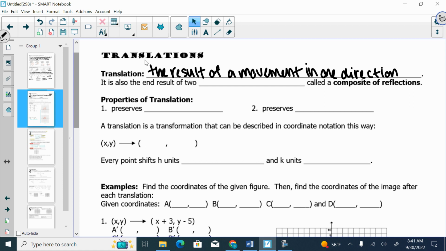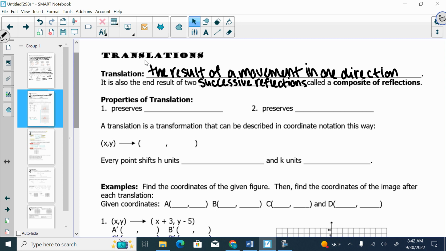It can also be the end result of two successive reflections. Okay, and successive just means one after another, right? So if I was to reflect something maybe across the y-axis, but then I reflect it across the x-axis, it could appear to be the exact same image that looks like it was slid over and down, right?